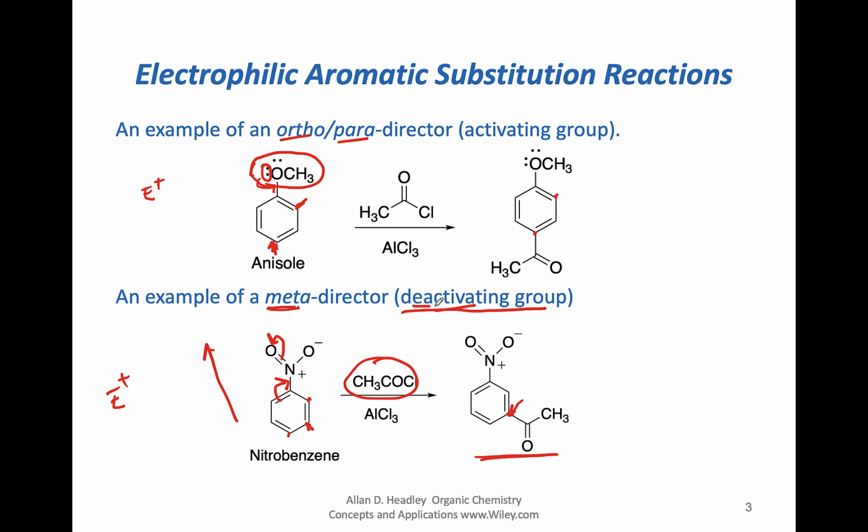It's called deactivating because it pulls electrons from the ring. This one is called activating because it gives electrons to the ring and increases the electron density, primarily in the ortho and para positions.